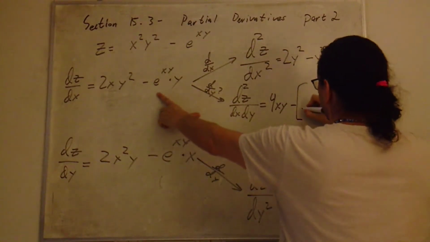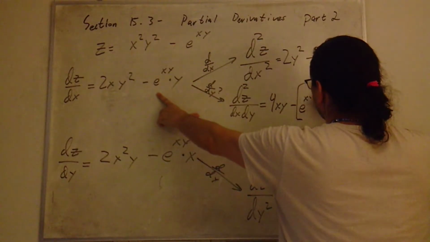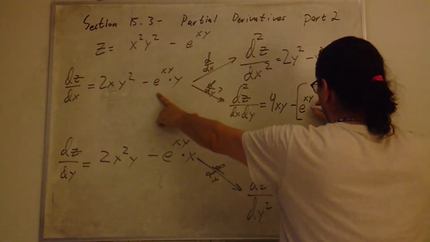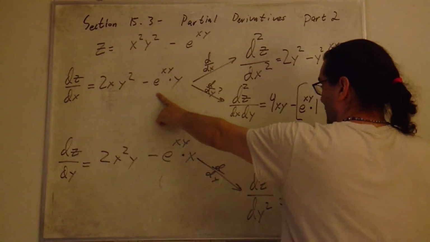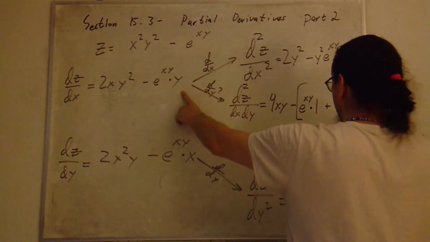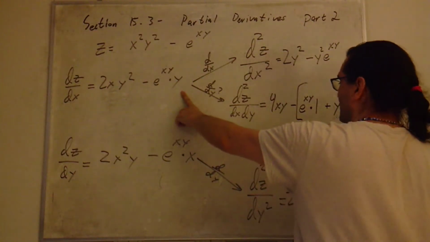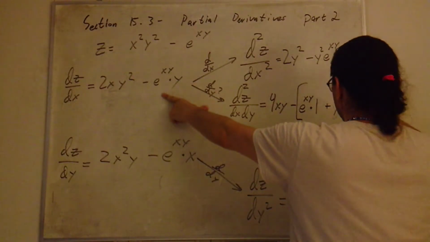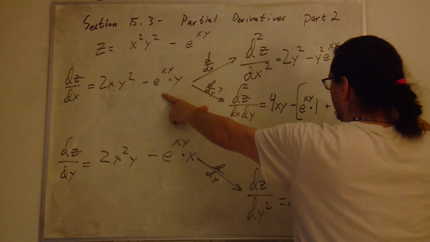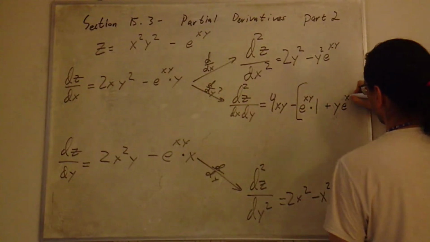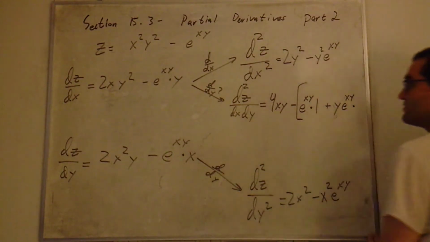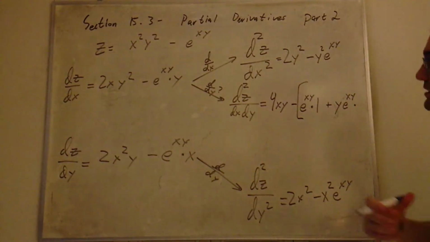Product rule says it's going to be the first, e to the xy, times the derivative of the second, which is 1, plus the second, which is y, times the derivative of the first, which is derivative of e to the xy is e to the xy times the derivative of what's on the inside.